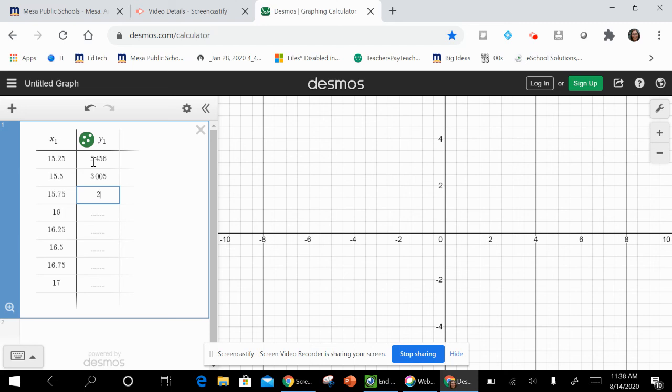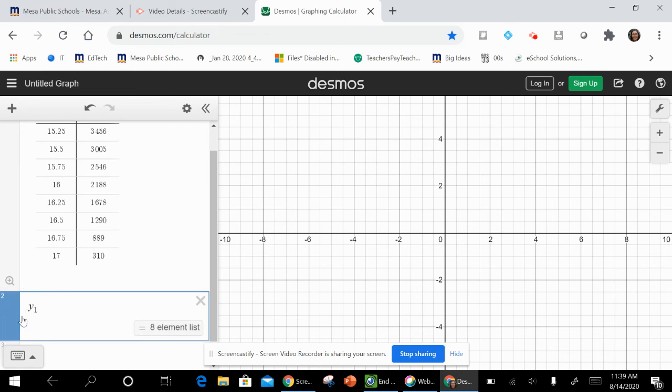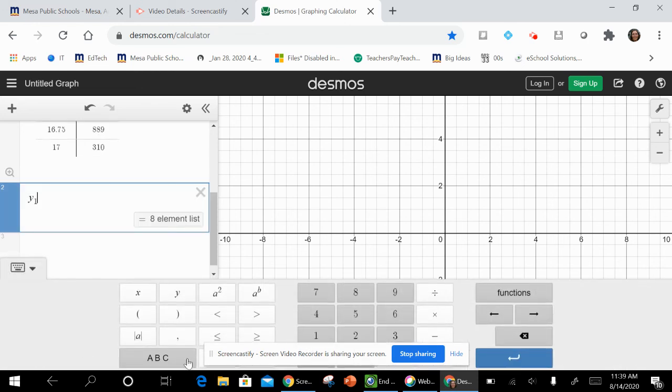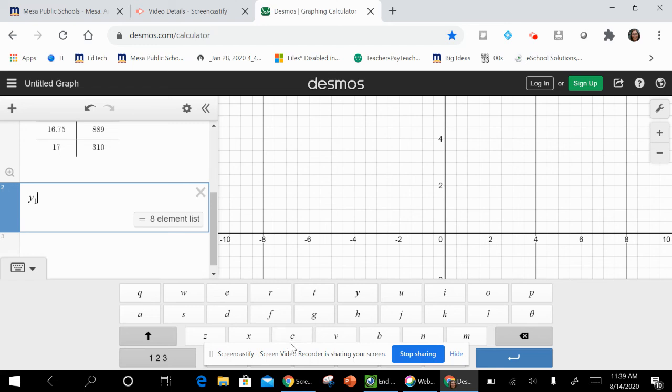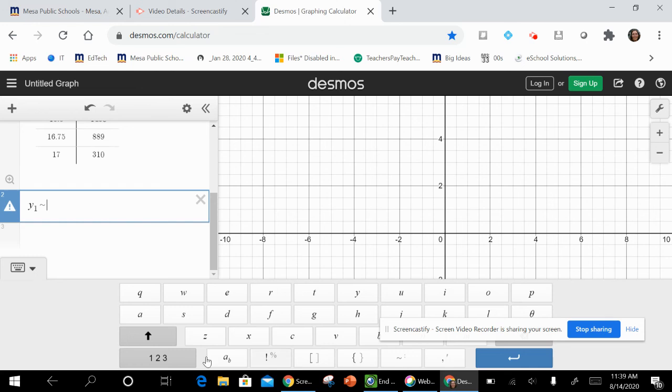And I'm just using the data that I just wrote down. Okay. And then remember, we're going to go to this part. And I'm going to do Y1. Remember, we need to go to the keyboard. And we go here.